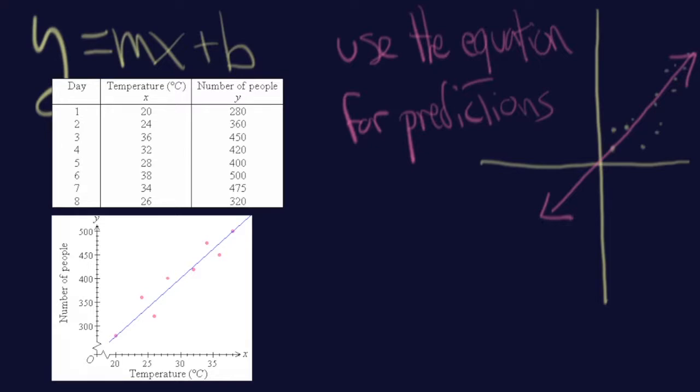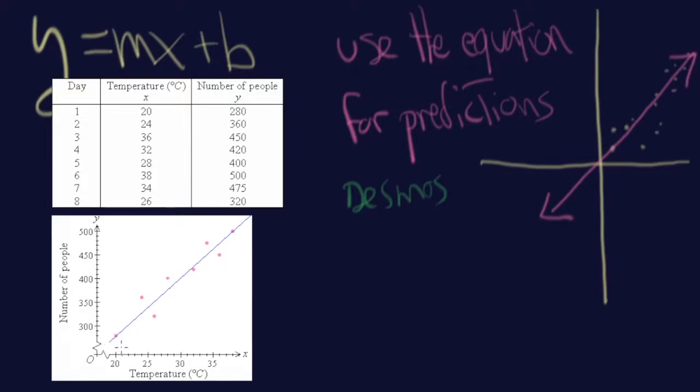I would recommend Desmos. I think Desmos is an awesome kind of program to do. And once you've done that, you draw basically a line through most of the data. So you can see it doesn't go through all the points, but it goes through most of them. And then what you want to be doing is going and finding 2 points that are the closest to the line. That's usually what we want to try and do.